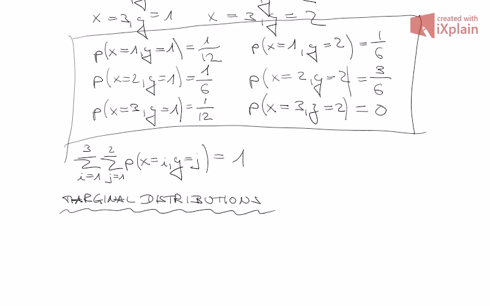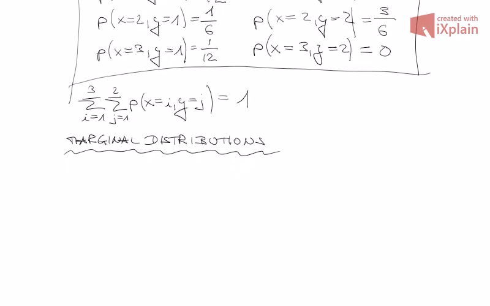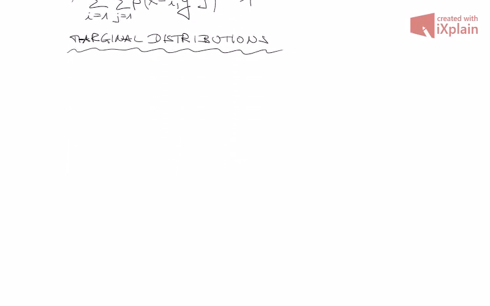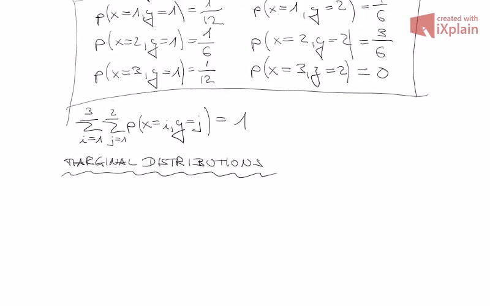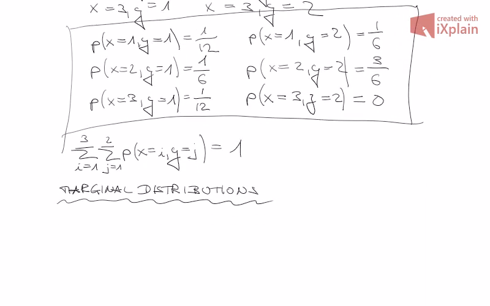For example, if you have a joint distribution over 5 random variables, then you have 5 marginal distributions.